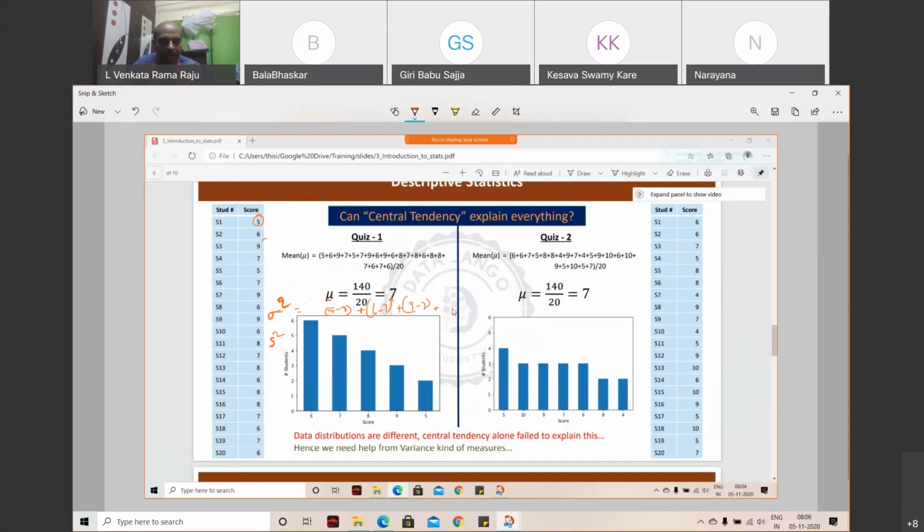But if you look at this, 5 minus 7 is minus 2, 6 minus 7 is minus 1, and 9 minus 7 is 2. This 2 gets cancelled. So when you take the distances like this, there is a chance that one number gets cancelled by another, and you will not get the overall distance between the mean and all the data points.